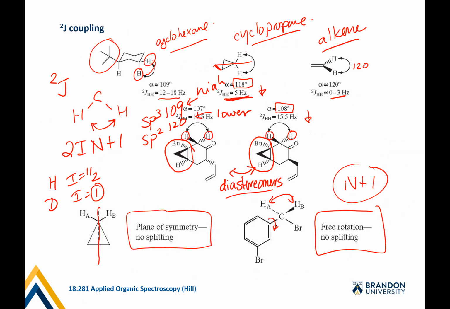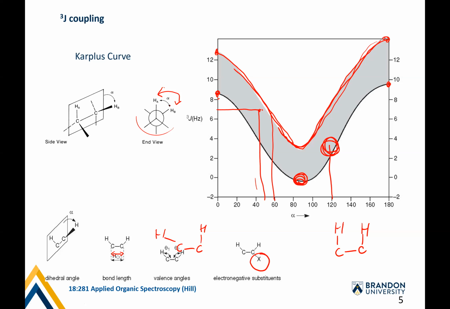In the case of J3 couplings, the main point we want to realize is that if the two protons are 90 degrees from each other, this is going to be a minimum. So the J value will be really low. And if they're either eclipsing or if they are anti to one another, where it's 180, both of those will be maximums.